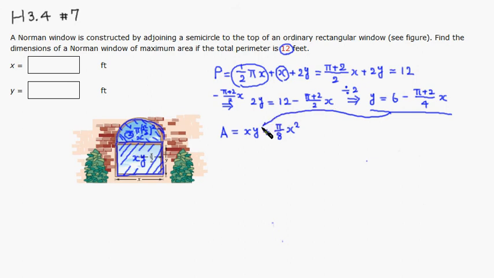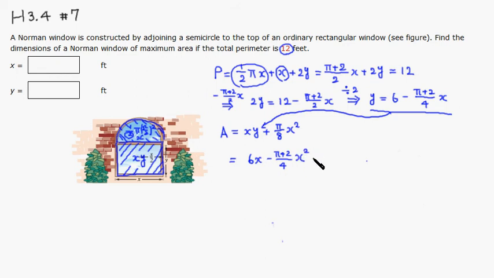Then we just need to plug y equals 6 minus (pi plus 2) over 4 x in here. Which will give us x times 6 is 6x, minus (pi plus 2) over 4 x times x, so it's going to be x squared.